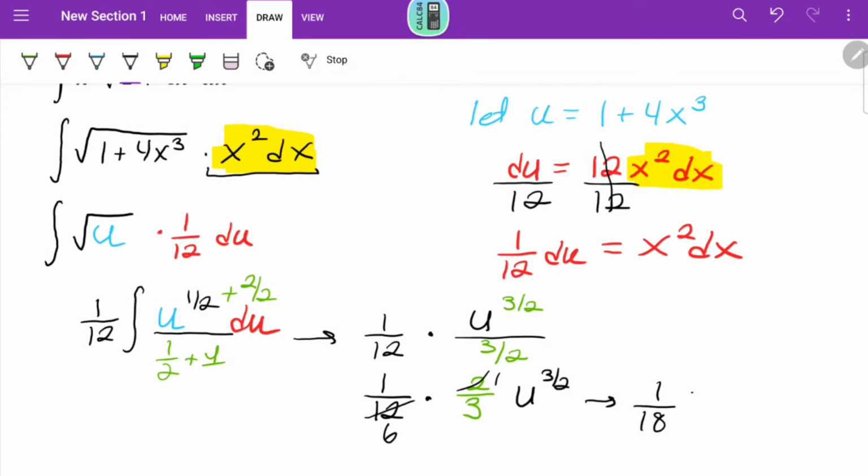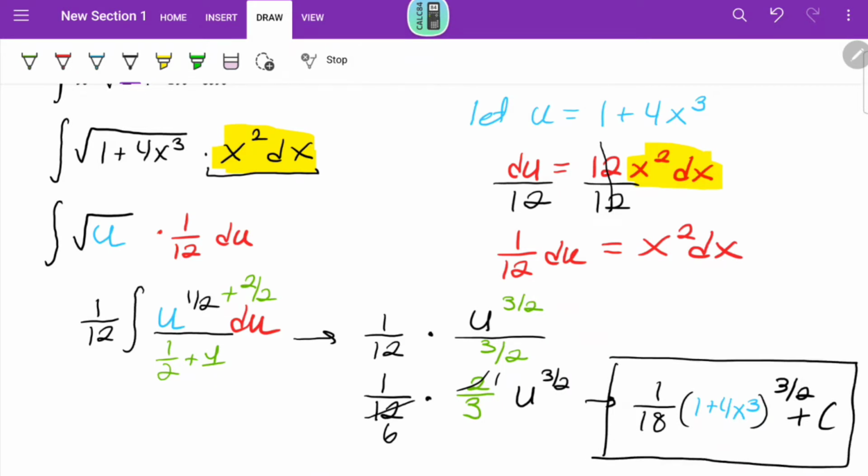So we're going to replace the u with 1 plus 4x cubed. Remember, this is raised to the 3/2. And don't forget about your plus c. And that is the answer to this question.